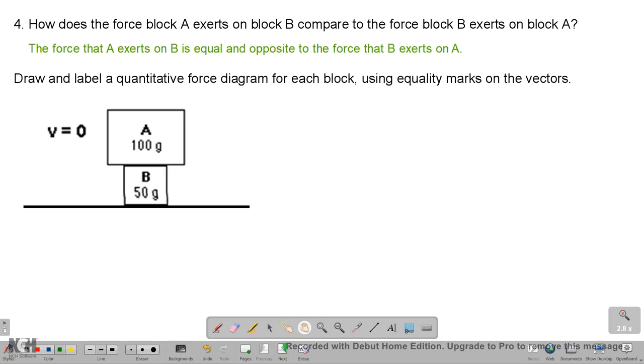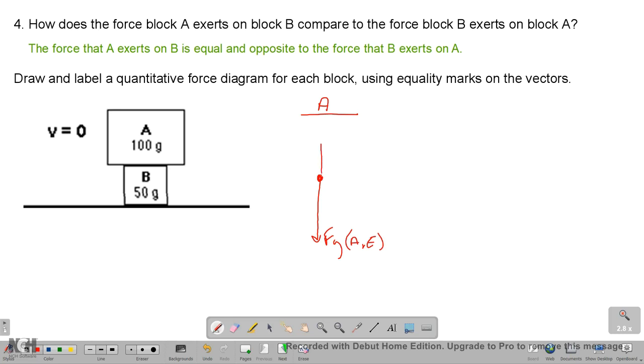So now this is asking us to draw and label a quantitative force diagram for each block. So we're going to do block A right here. As always, we have the force due to gravity that's acting on block A by the Earth.